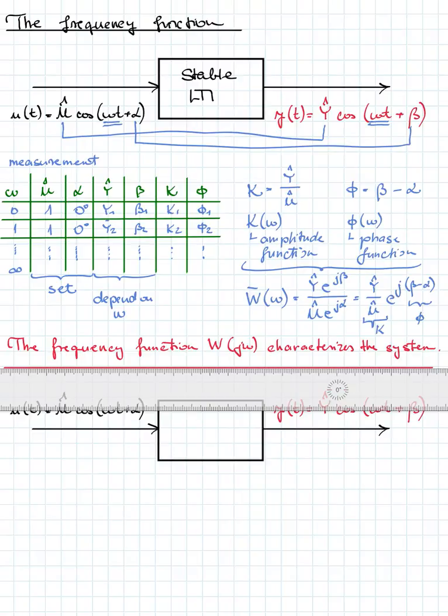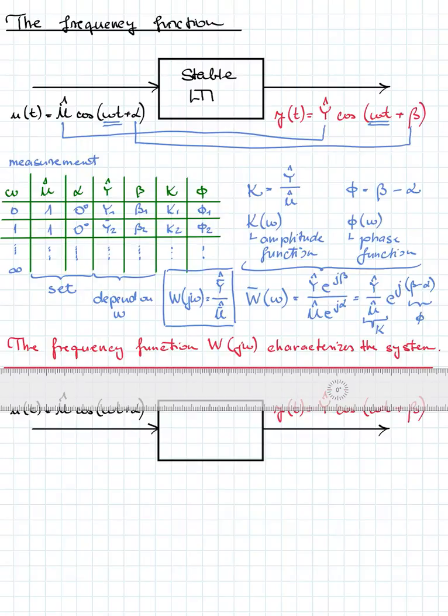That is, I write it here: W(j omega) is y bar hat over u bar hat. So this is the real definition of the frequency function. So finally, the frequency function W(j omega) characterizes the system.